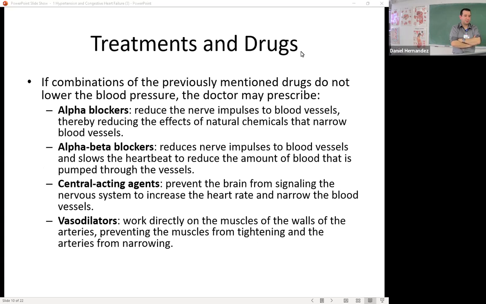This helps reduce, again, nerve impulses to the blood vessels and slows the heartbeat, to reduce the amount of blood that is pumped to the vessels. Central acting agents prevent the brain from signaling the nervous system to increase the heart rate and narrow the blood vessels, as well as certain vasodilators that work directly on the muscles of the wall, again preventing the muscles from tightening and arteries from narrowing.